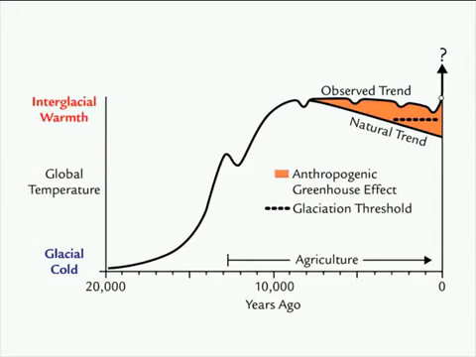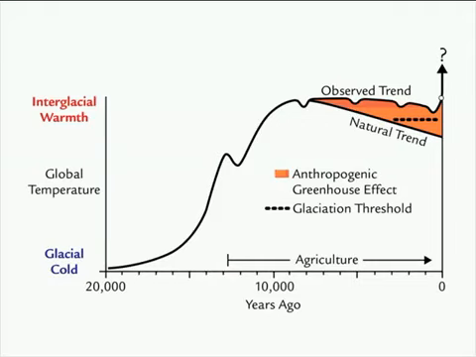Down below that trend is plotted what I call the natural trend, which is the trend that would have occurred had it not been for the greenhouse gases that farmers put in the atmosphere. And those are shown, the early anthropogenic agricultural greenhouse effect is shown in orange.